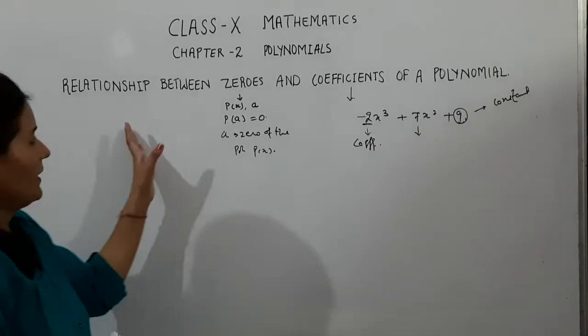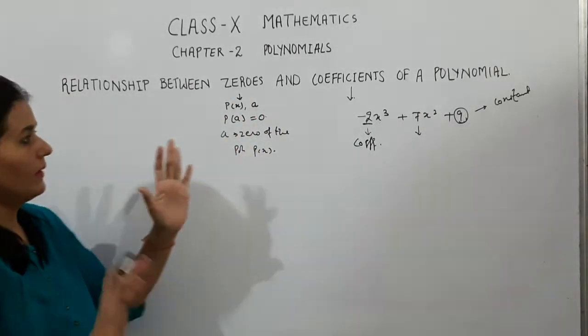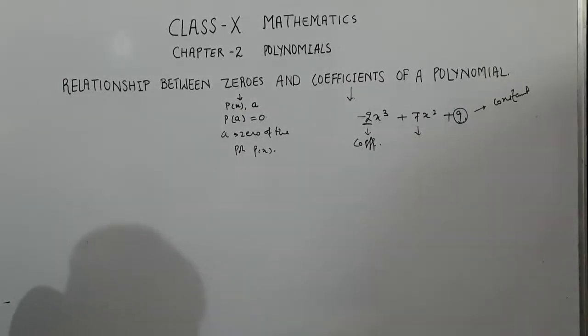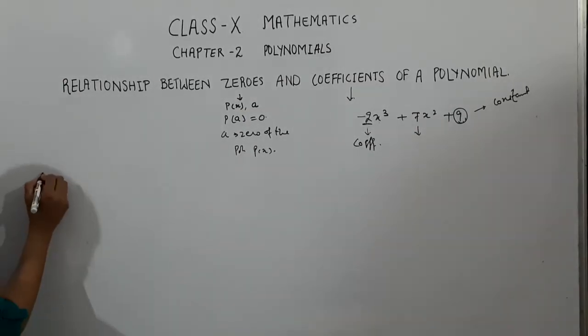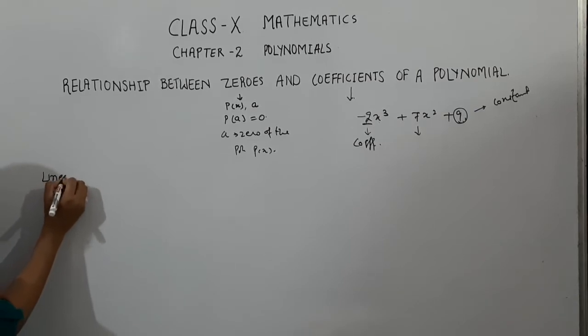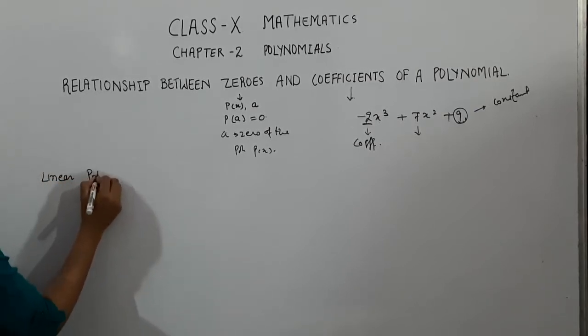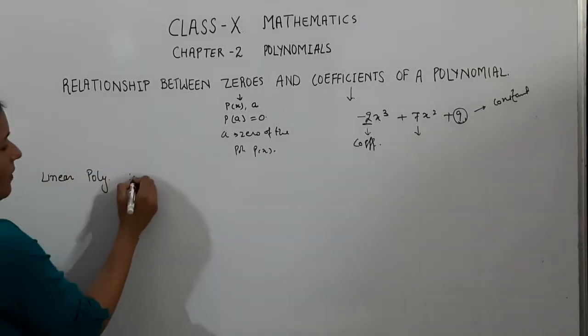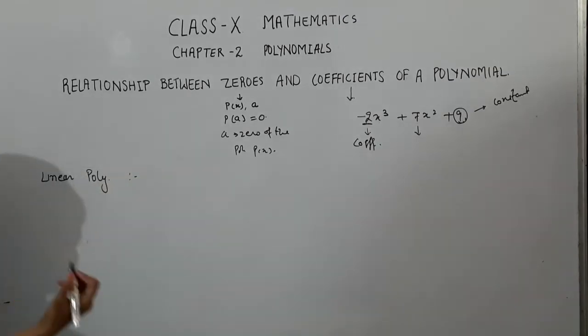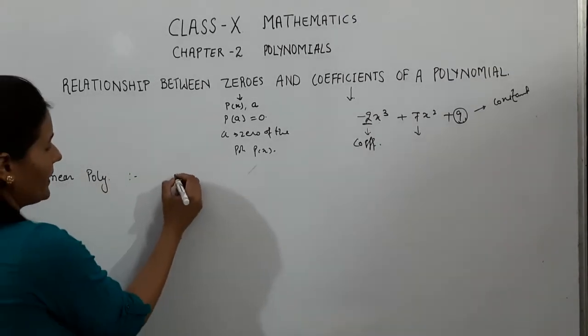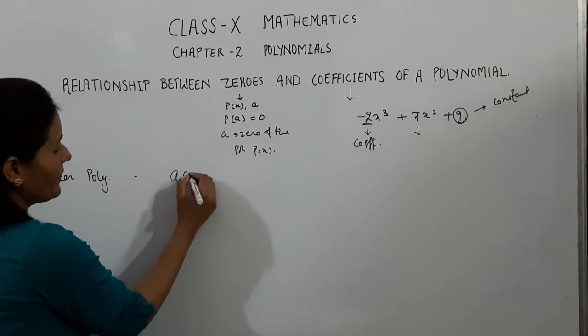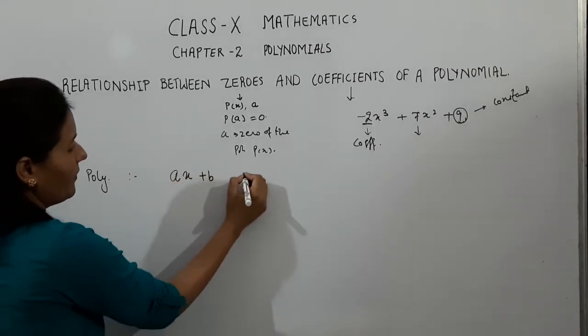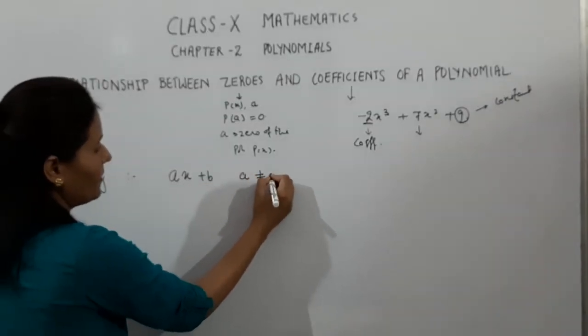relationship. Let's try to create a relation between these two, right? Let me first take a linear polynomial. What is the relation, and what was the linear polynomial? First of all, let me take the general form of it, ax plus b, where a is not equal to 0.